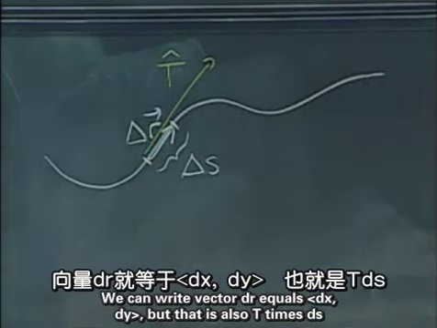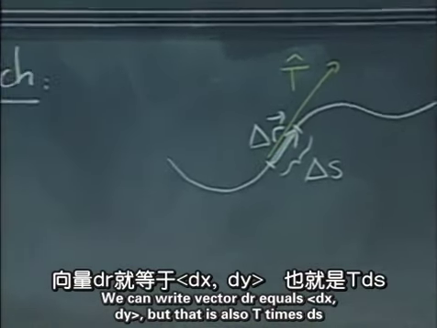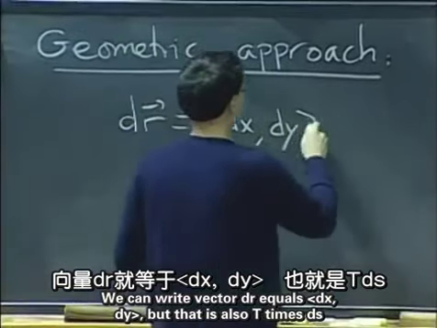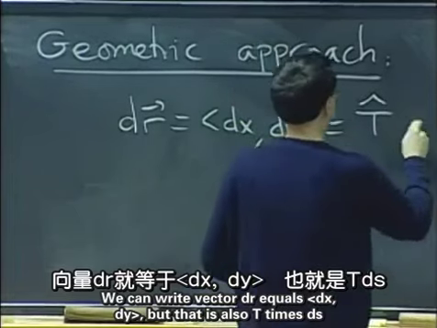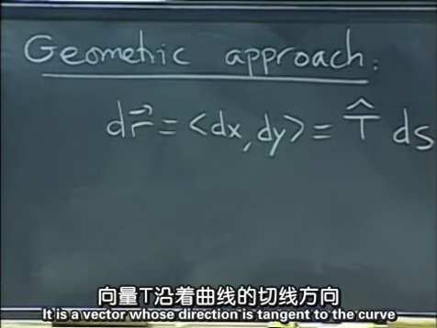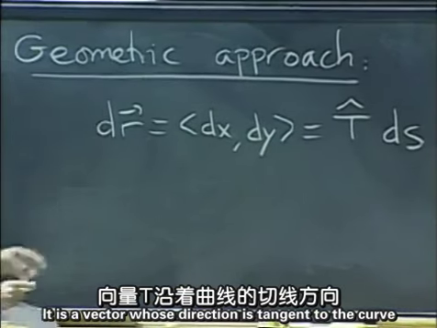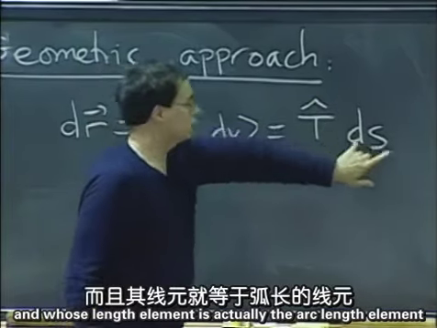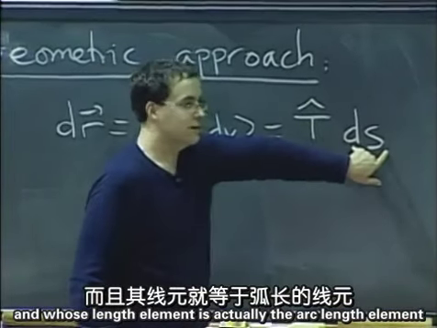So we can write vector dr, so we say that's dx comma dy, but that's also t times ds. It's a vector whose direction is tangent to the curve and whose length element is actually the arc length element.